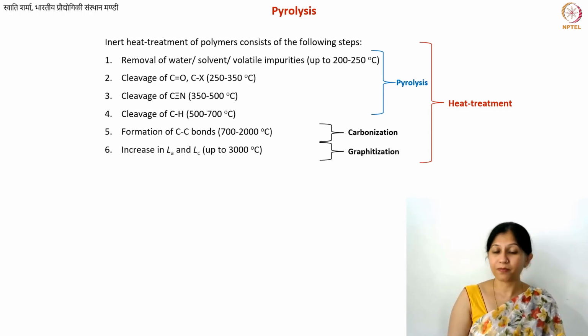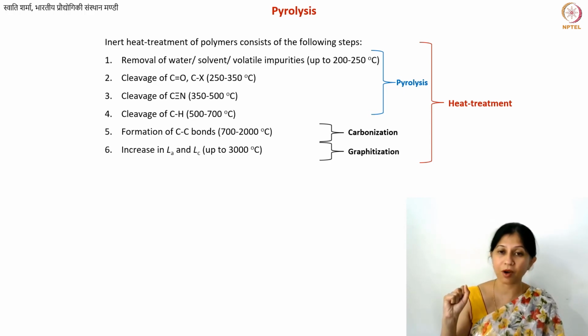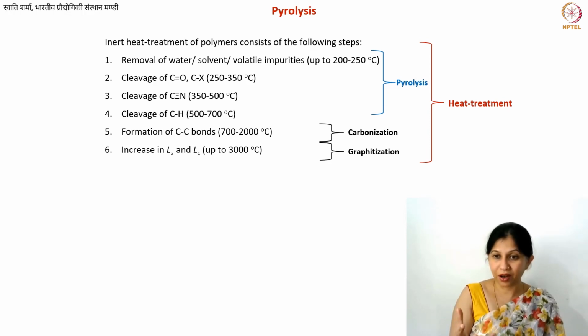As such, we should call this entire process of converting polymer to carbon heat treatment, but people often end up calling it just pyrolysis or just carbonization or just graphitization, because whatever is the most important process that people are aiming at, they call it that.